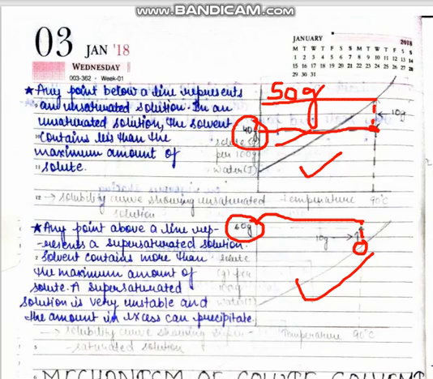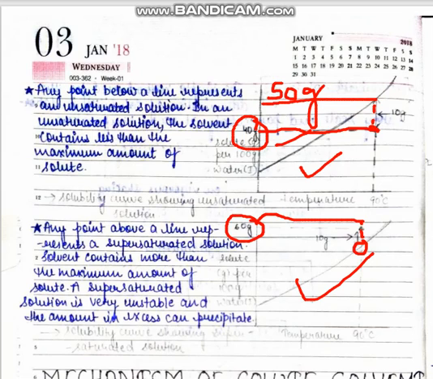This was the whole discussion about what solubility is, how the solubility of a particular solute is determined and how it is expressed. What is the meaning of saturated solution? What is the meaning of supersaturated solution? What is the meaning of a point below saturated solution?